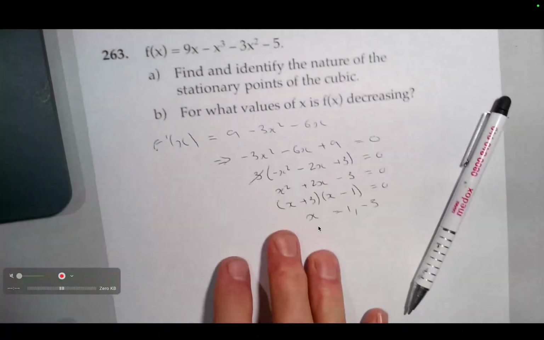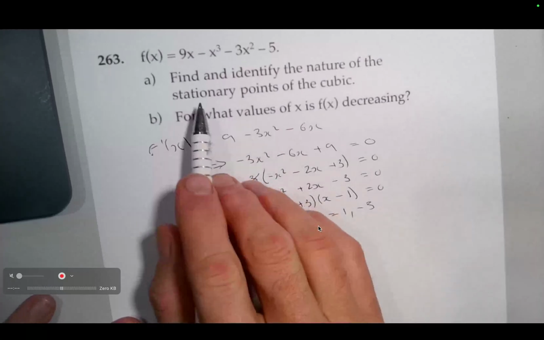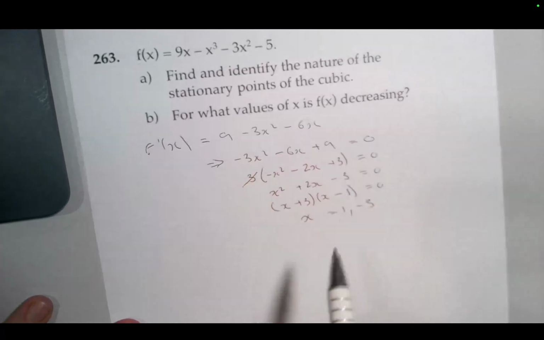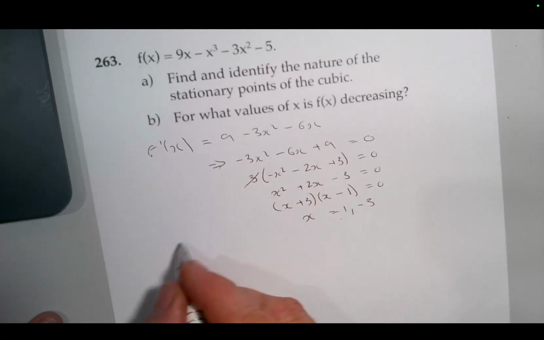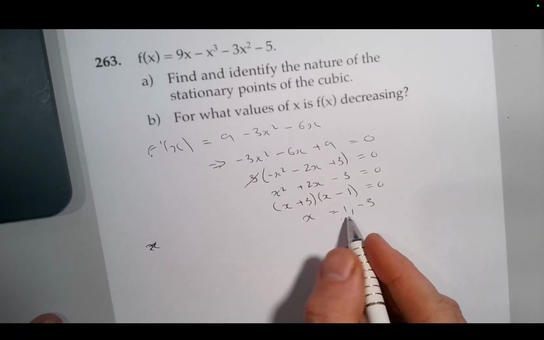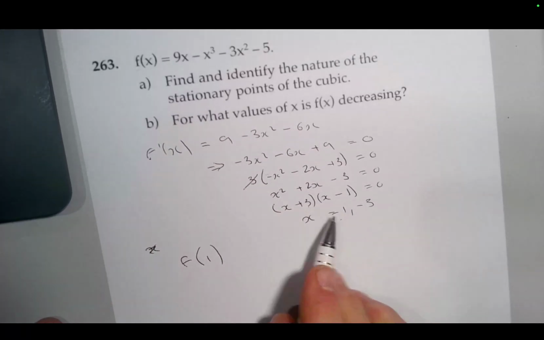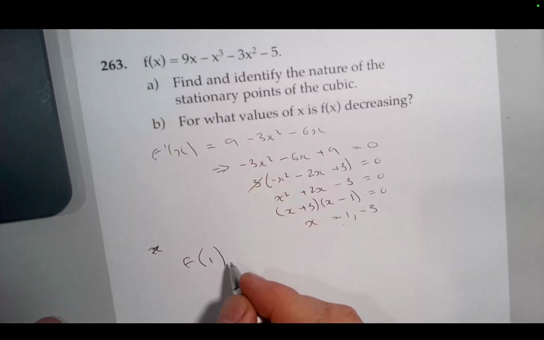So so far we've found the x coordinates, but it says points. So first of all, let's plug x equals 1 into the original function. So we're going to say f of 1. Plug that into here. And what pops out?